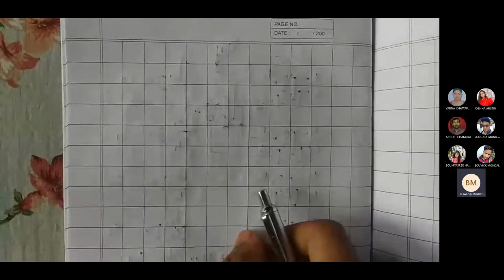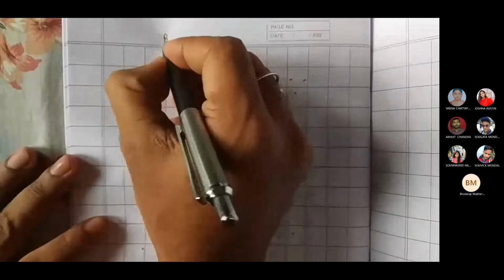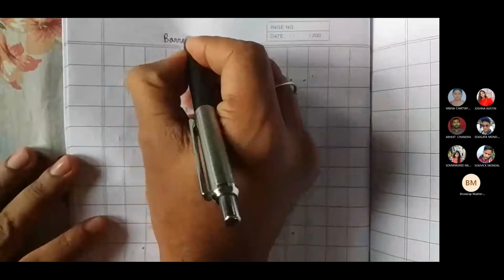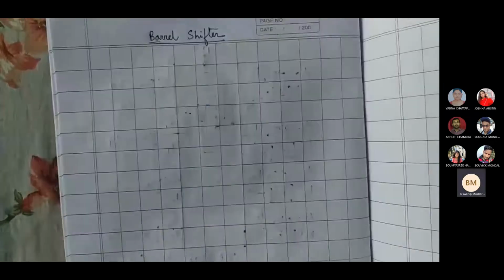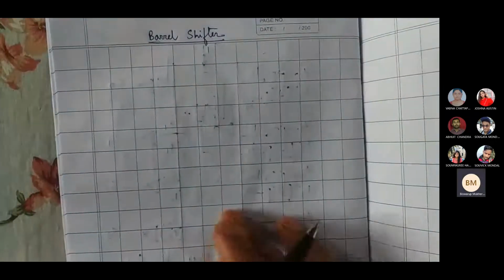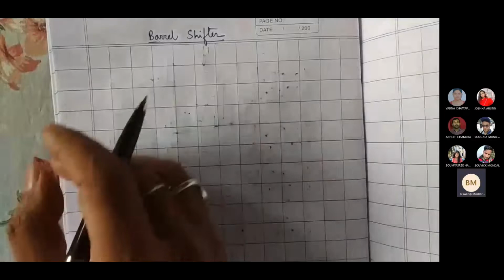Now, the last topic for today is the barrel shifter. Barrel shifter. What is that? It's a combinational circuit.